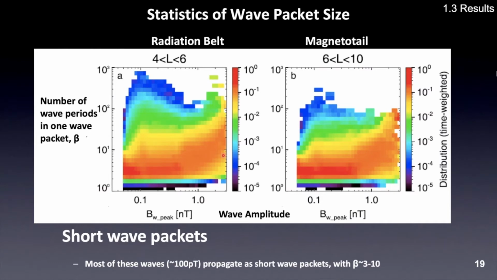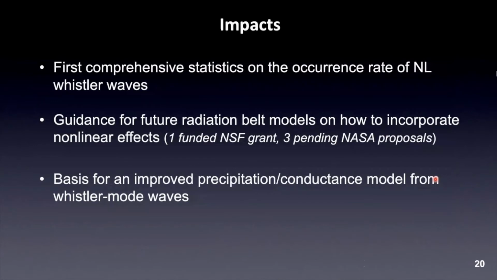But what we show here is actually the first observational evidence of it from a statistical point of view. So this is convincing enough to me that it is the wave packet size that does the job of suppressing nonlinear effects.